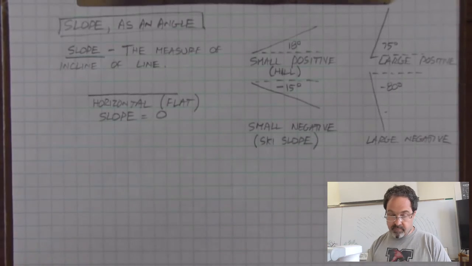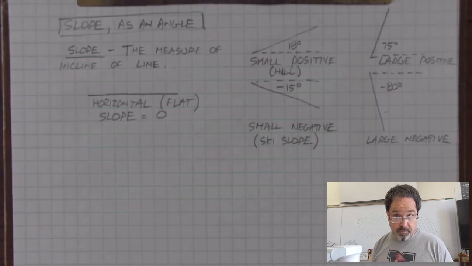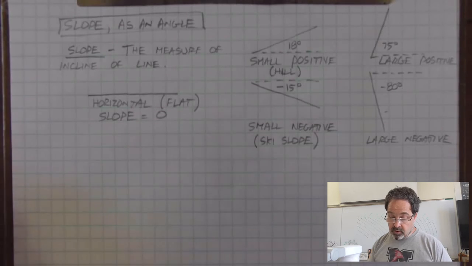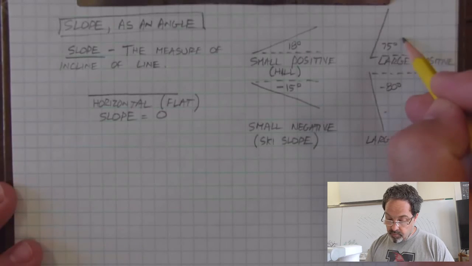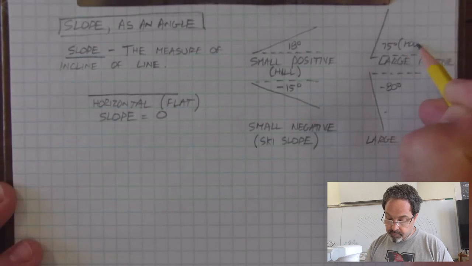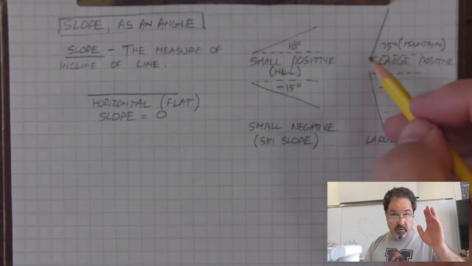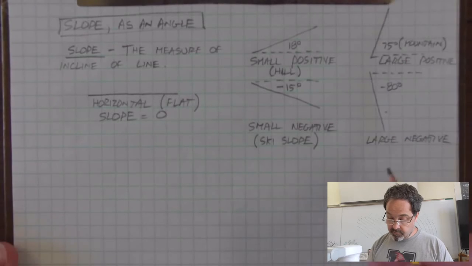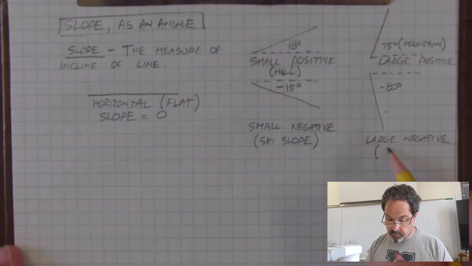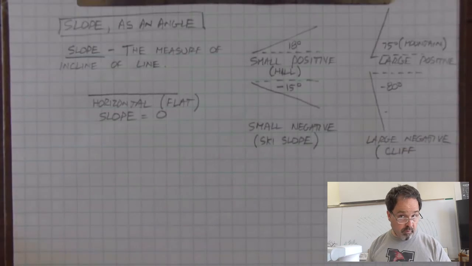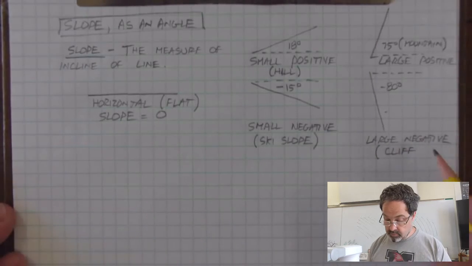And when we ski, slope is right there in the word. Something that has a large positive slope, maybe a mountain. Imagine being at the bottom and looking up a steep cliff. And a large negative slope we could call a cliff. Imagine standing on the edge and looking over a cliff that goes down.